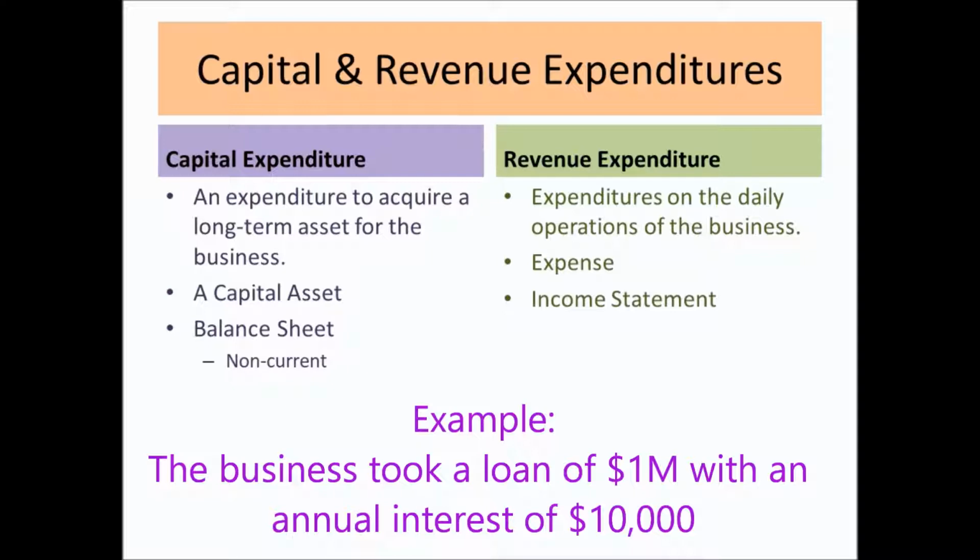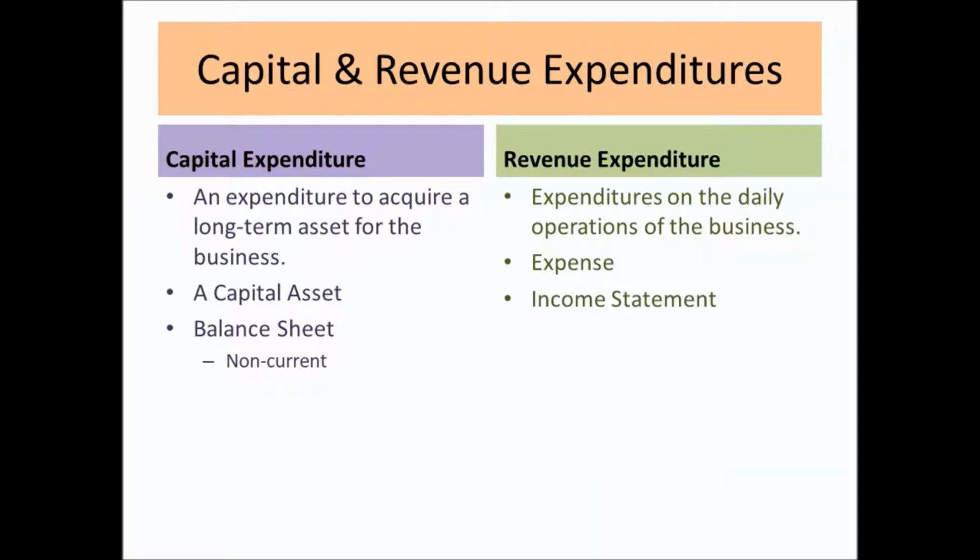The $1 million is part of a capital asset or a capital expenditure, but the interest expense of $10,000 will form part of the expense account in the income statement.